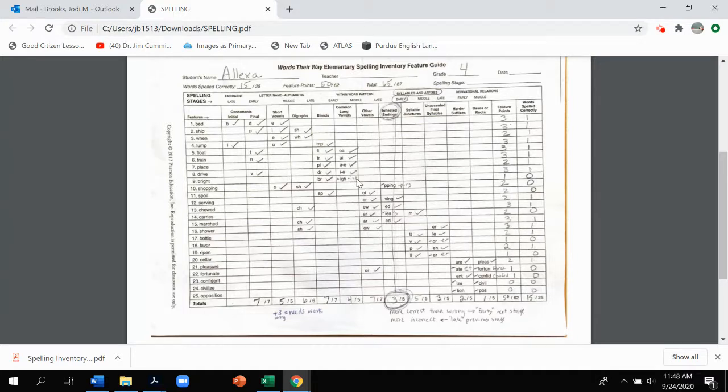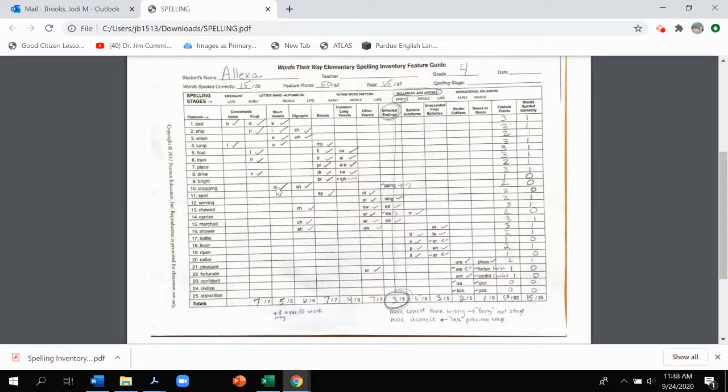So we note the pattern of behavior, what the student did, and I put a little dash here to note that it's not correct, where you notice the correct ones have a check mark by them. Because she got the BR right, but not the second feature, we're going to give her 1 feature point, and the other one was incorrect, so we don't count that one.